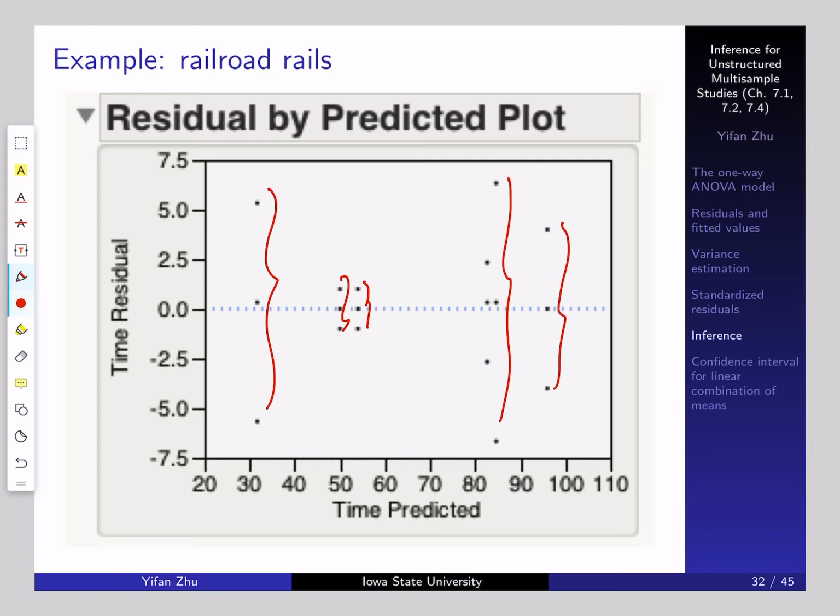This is the same thing indicated by the normal QQ plot, that the equal variance assumption might not be true. But since we only have 3 observations for each group, we can still assume that the variances are the same. So this violation might only be due to the lack of data. Okay. In this course, you don't need to worry about the unequal variances case because that is not covered in this course.